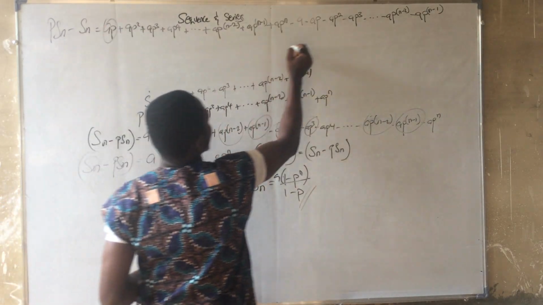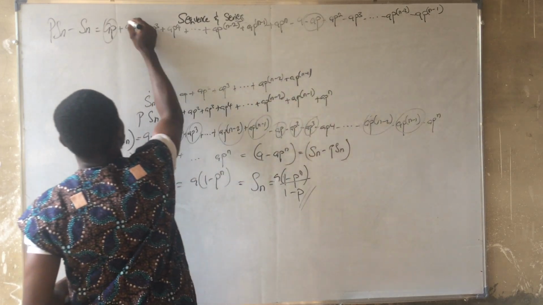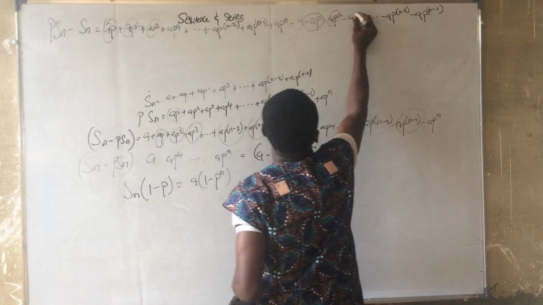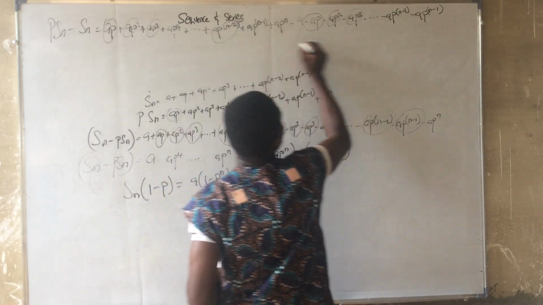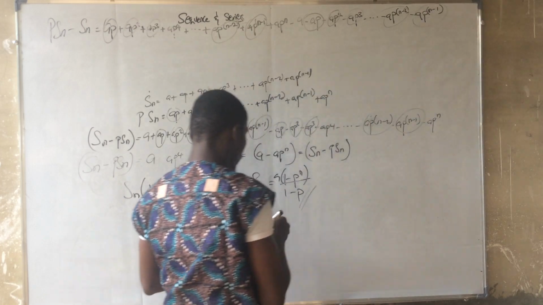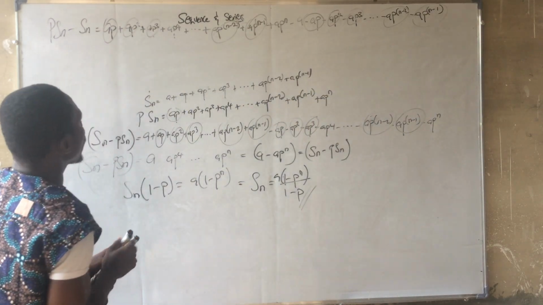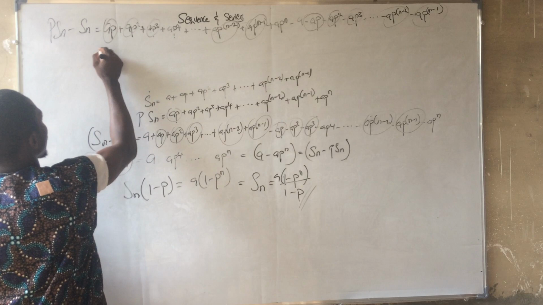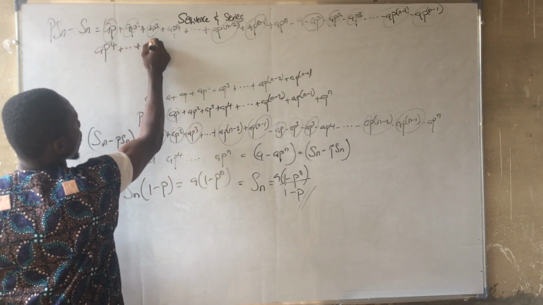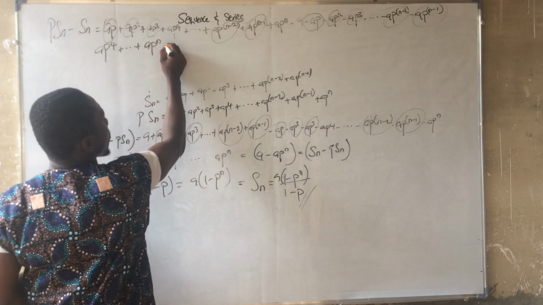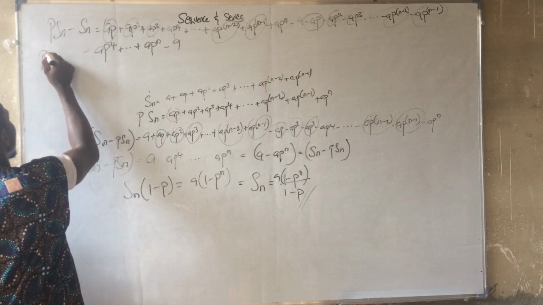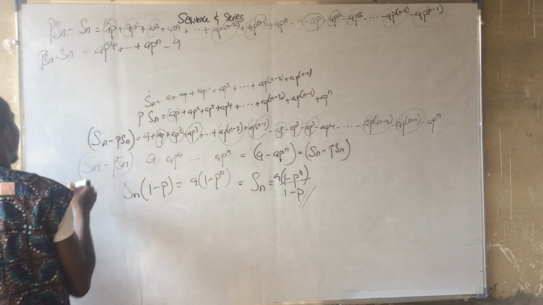So now we see this and this will be off, this and this will be off, and so on. So what do we have? All we have now is ap raised to the power n minus a, which is equal to p Sn minus Sn.